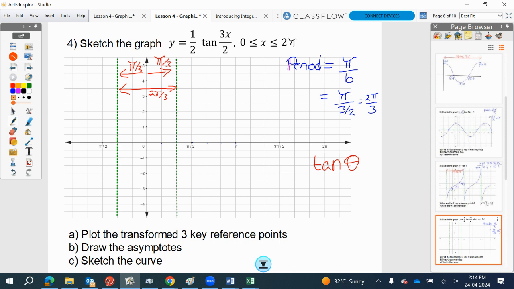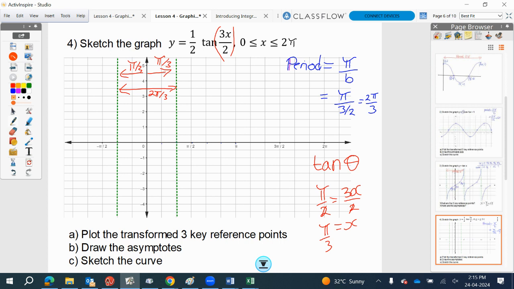So whatever goes in here needs to produce a pi over 2. If we want to produce pi over 2 from this function, we need this function to produce a pi over 2. Solving that, we get x is equal to pi over 3, and there's your asymptote.